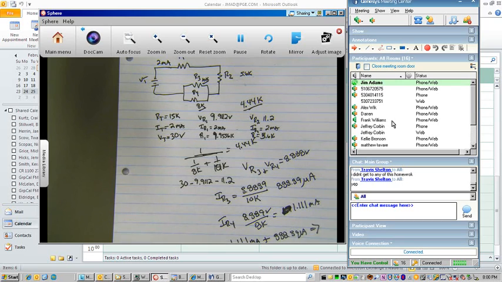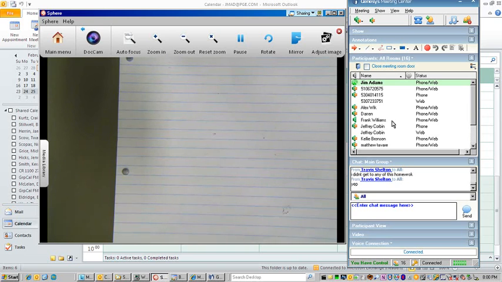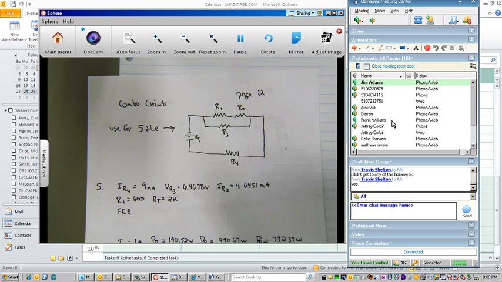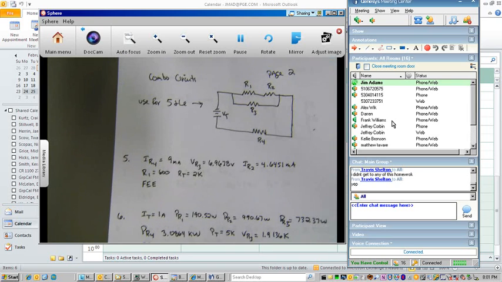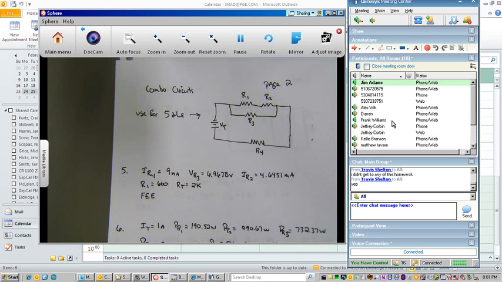Yep. 1.111 milliamps. So if we add up 1.111 milliamps to 888.89 microamps, that should equal 2 milliamps, our total current, right?